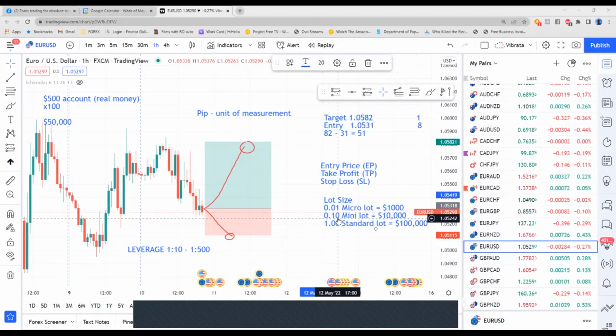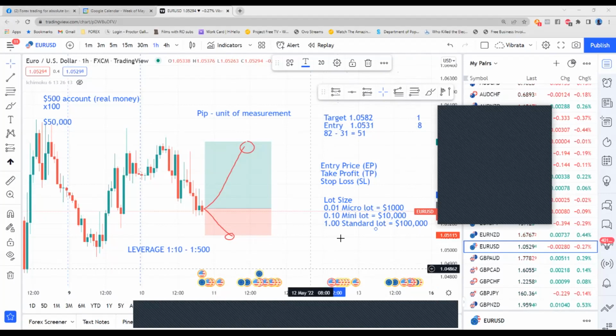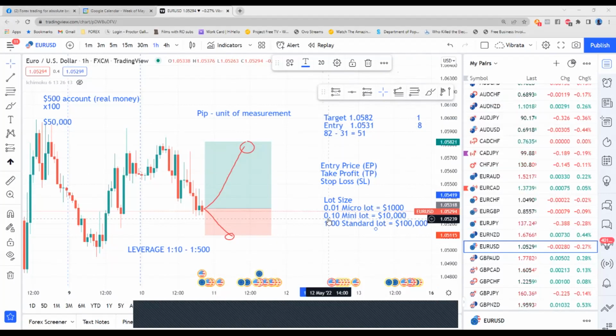And if so, how many positions can I have open? How many trades can I get into using mini lots? 5. Correct. Good. So I can enter 5 trades at 0.1 lots, or I can enter 1 trade at 0.5 lots.